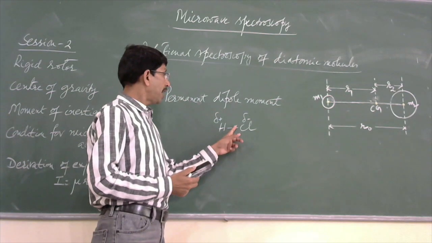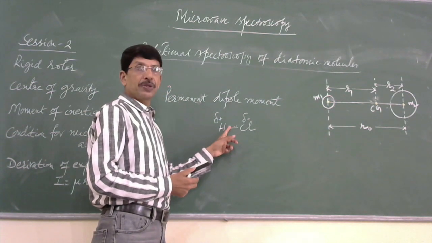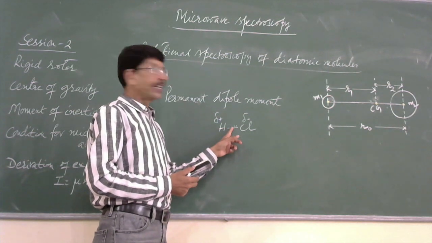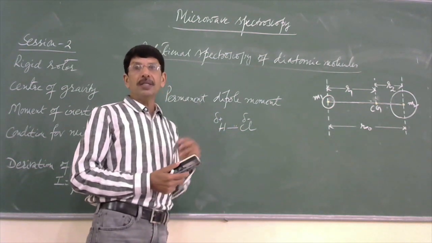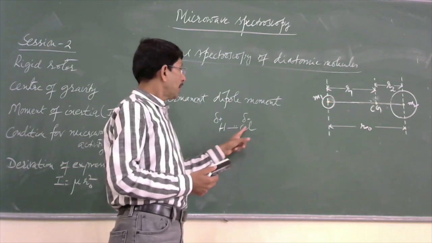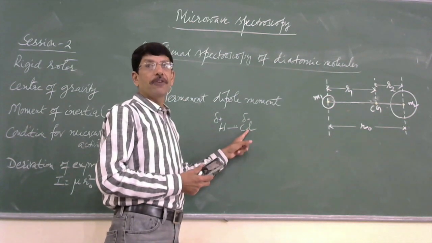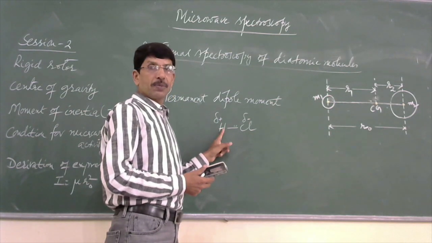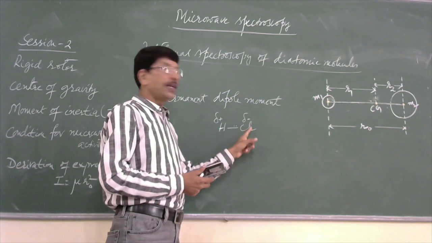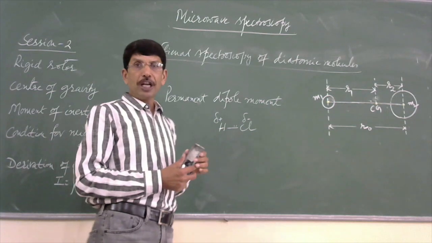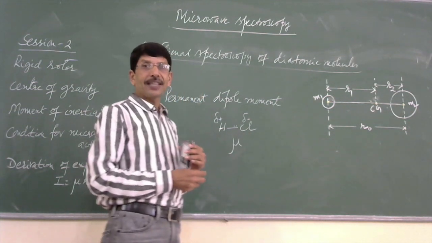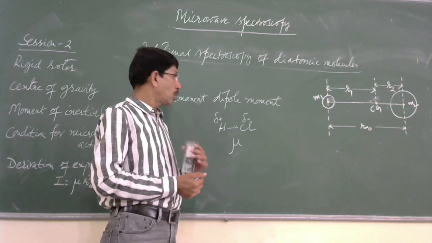The bonded pair of electrons, which is expected to be exactly at the center, is not at the center, but lies close towards chlorine because of the higher electronegativity of chlorine. Hence, the hydrogen atom acquires a partial positive charge and chlorine acquires a partial negative charge, leading to the polar nature of the covalent bond, which is called a polar covalent bond.